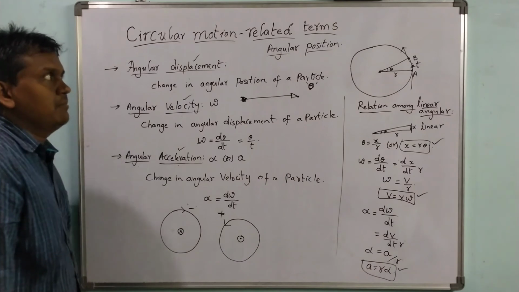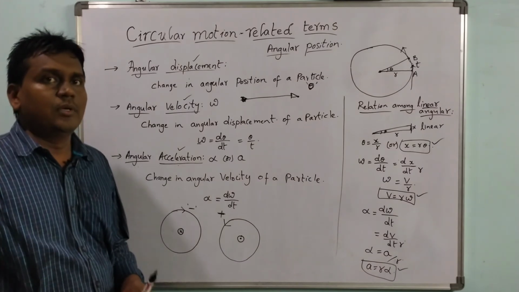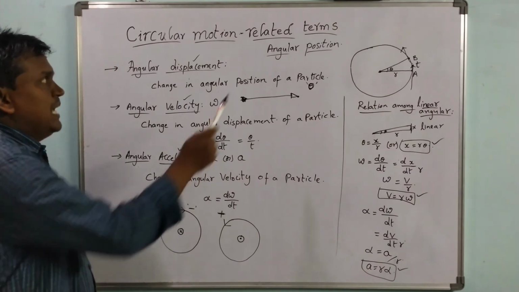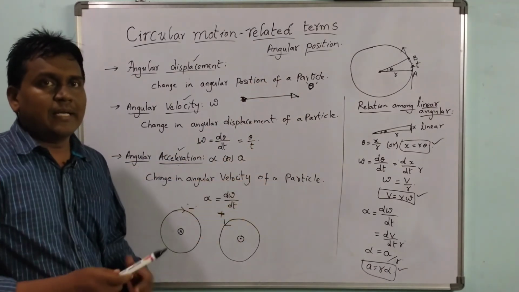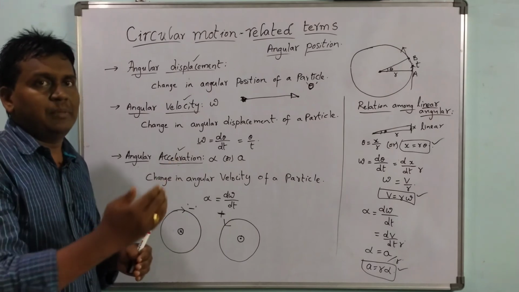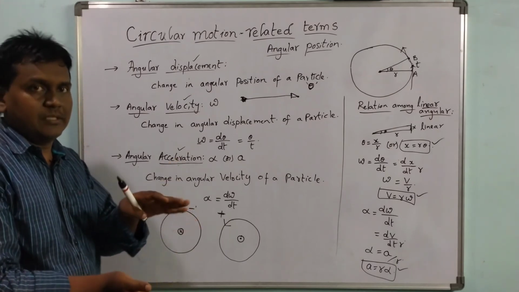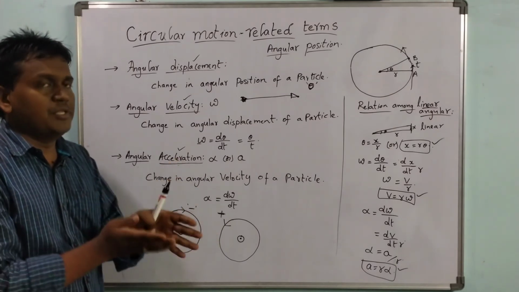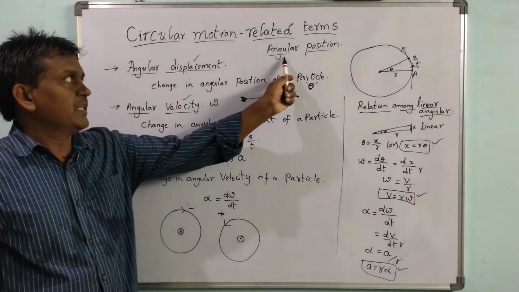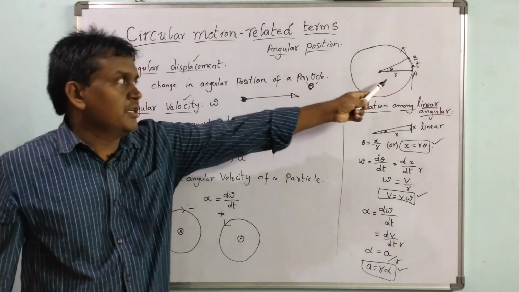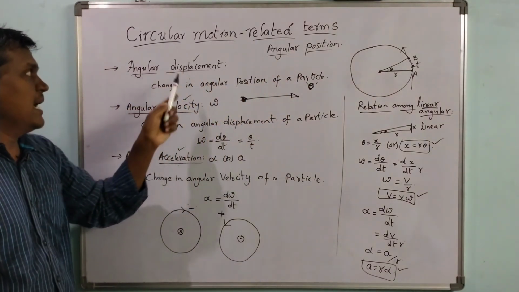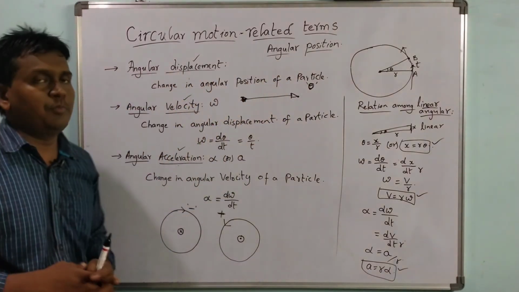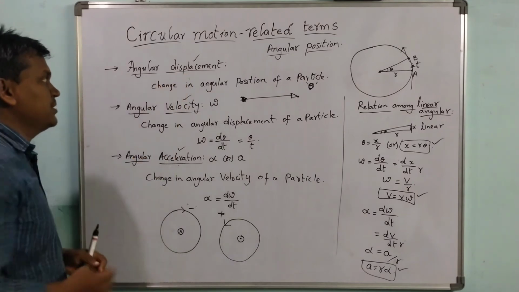So this is about some terms related to circular motion. Angular position: the particle moves from one place to another, so it has a position at A and a position at B, and the change in position in angle gives angular position. Change in angular position of a particle is called angular displacement.